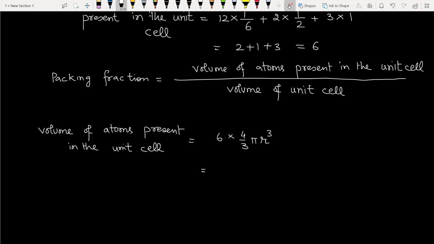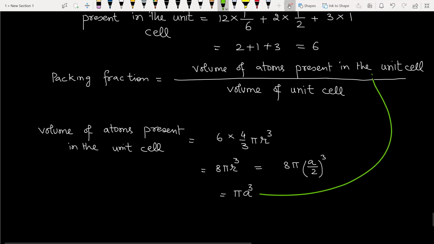So it will be 8 pi r cube, so 8 pi (a by 2) cube, so it will be pi a cube. We will substitute this value here later on.